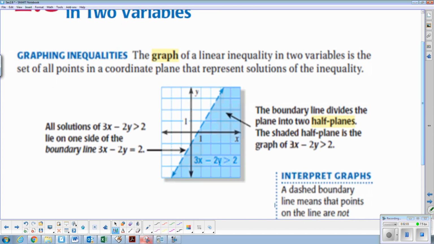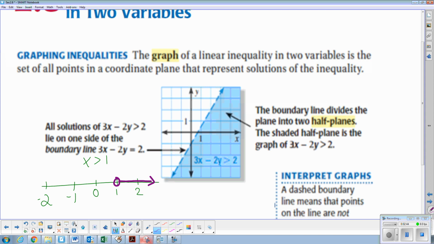So with graphing inequalities, the graph of a linear inequality in two variables is the set of all points that represent the solution. So we've been graphing inequalities just with one variable, and if we had something where we would say, x is greater than 1, on our number line, we could graph it by saying it doesn't include 1, but x is greater than 1.